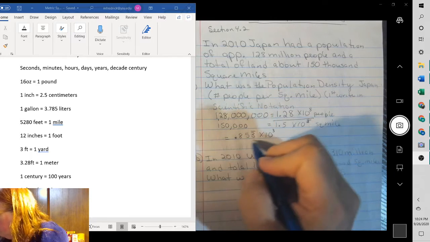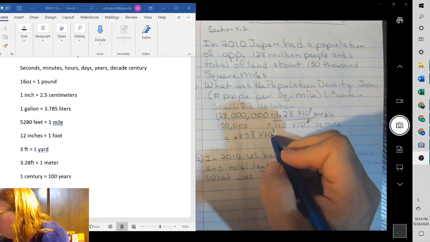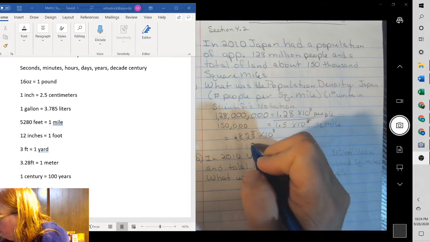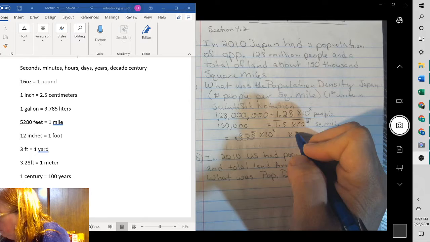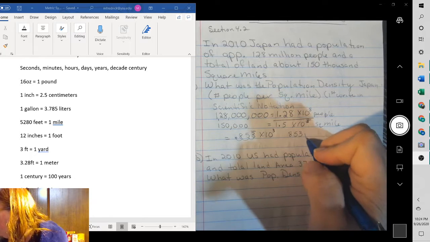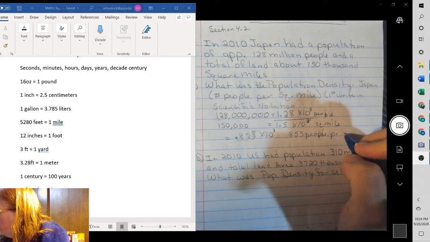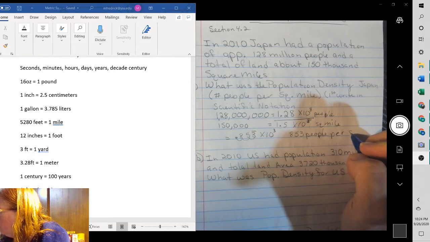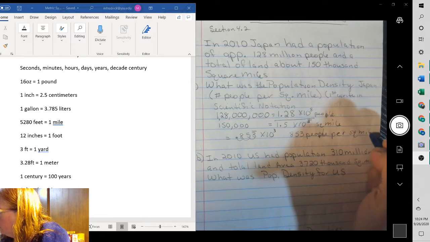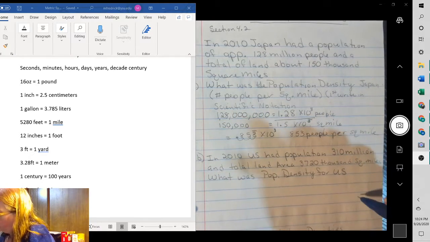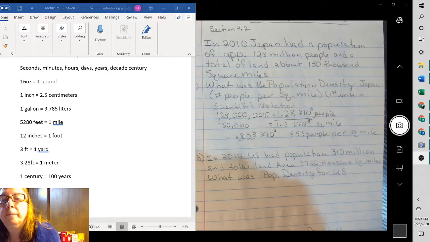That means if we multiply this out, 3 decimal places larger. So it would be 853 people per square mile. So for every square mile, they have 853 people in Japan.